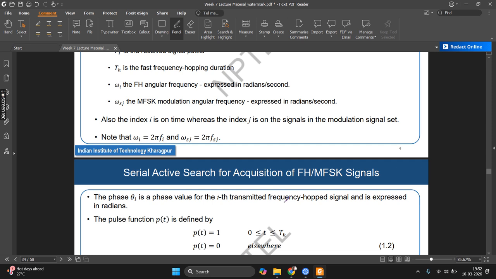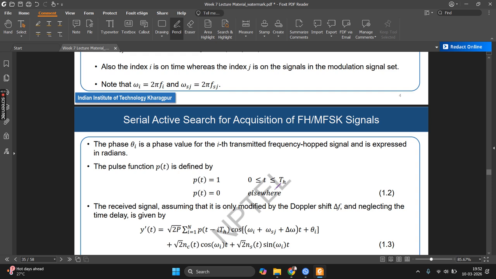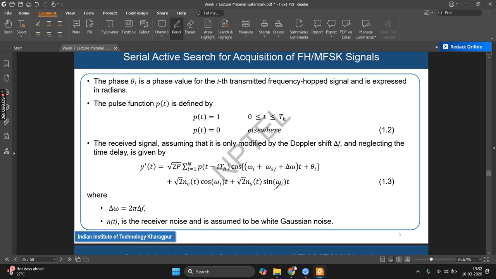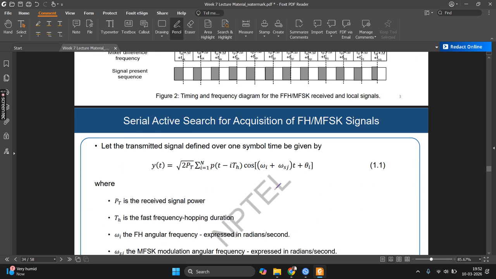The phase theta i is a phase value for the ith transmitted frequency hop signal and is expressed in radians. The pulse function is defined as p(t) equal to 1 or 0. So these are the constant things.